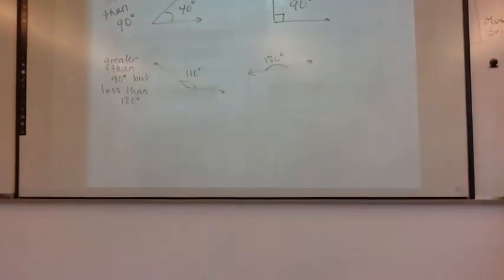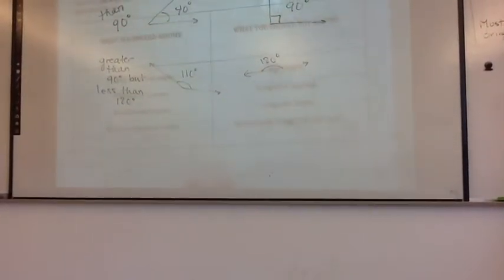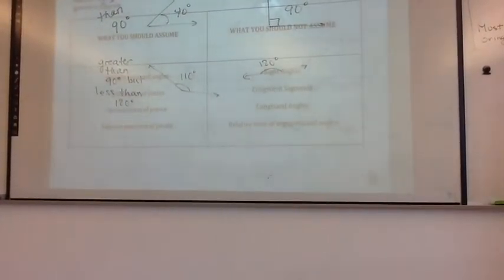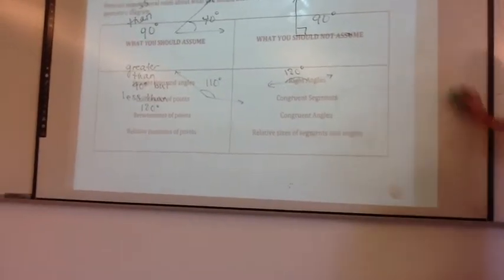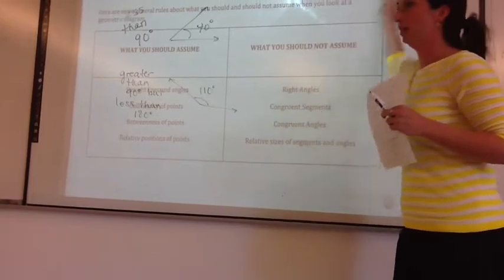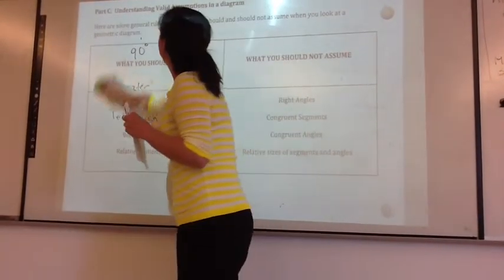Alright, down the bottom is nothing that you have to take notes on. It's all things that I think are very important for this section in geometry. What you should assume and what you should not assume in geometry. Alright? So Swabi, can you read me the things that you should assume?